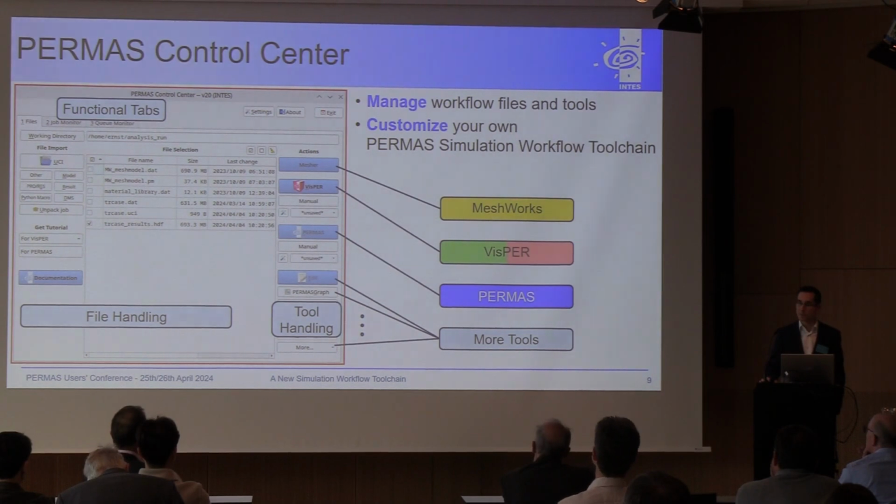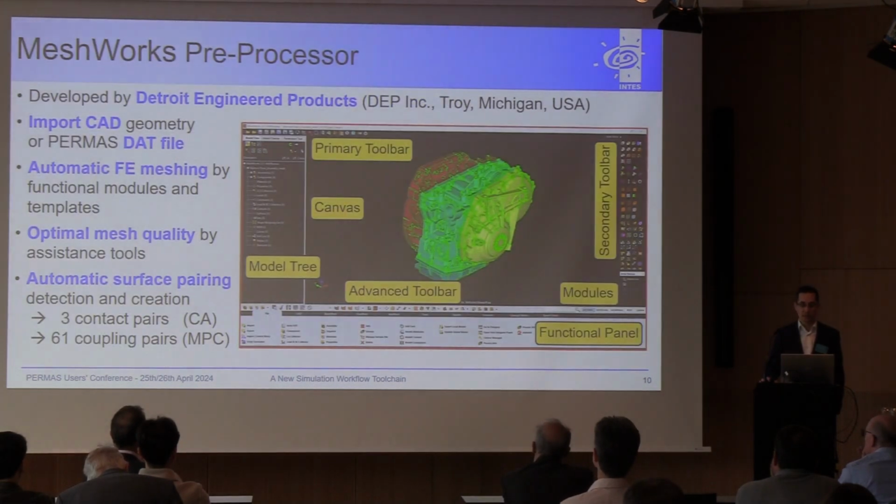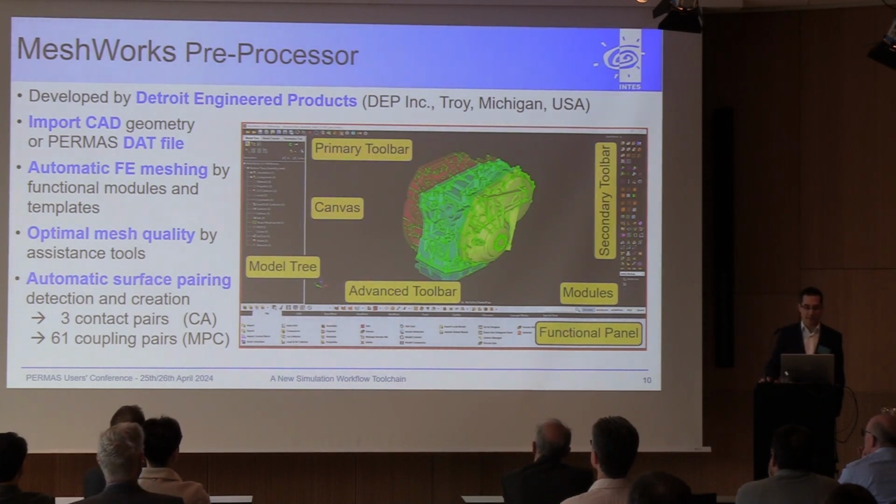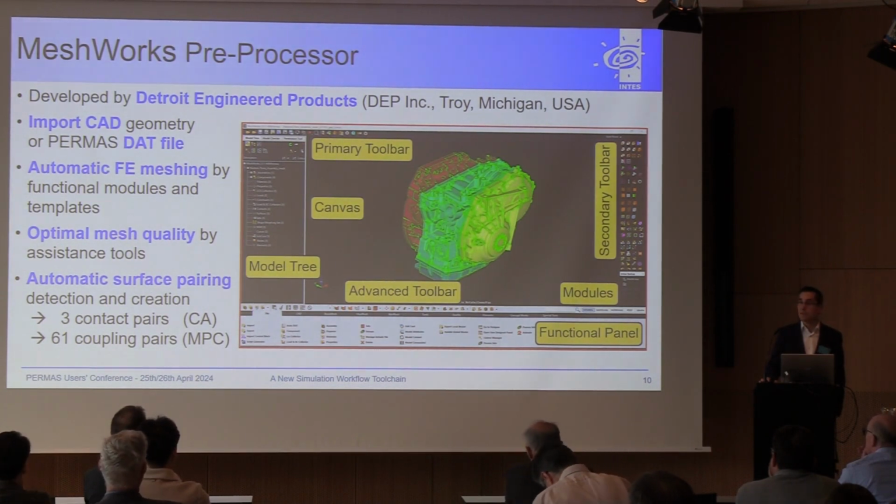Starting with MeshWorks as a meshing tool, I want to present you a short overview. MeshWorks is developed by Detroit Engineered Products, located in Troy, Michigan, USA. We're starting from the CAD geometry by importing the CAD and performing some meshing tasks here.